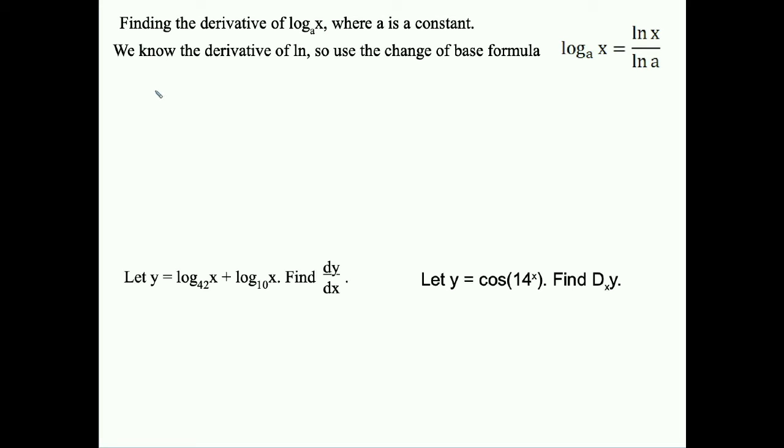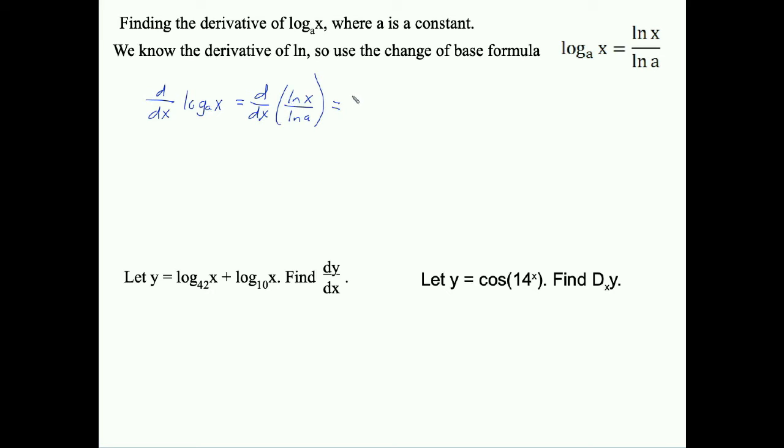So when we want to find the derivative of log base a of x, we're actually going to find the derivative using the change of base formula. We have natural log of x over natural log of a. And natural log of a is just a constant, so we don't have to use the quotient rule or anything.